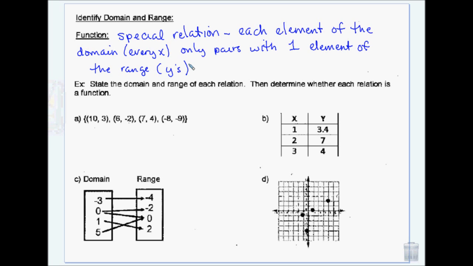And that's what makes it a function. Now, it doesn't say anything about the y's. The y's can have as many x's go to them as they want. But the x's only go to one y. Oh, pairs. Sorry, I didn't dot my I, and that probably didn't help either. Okay, so each x only goes to one y.